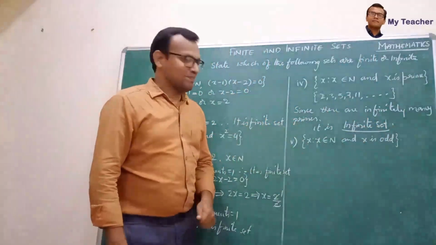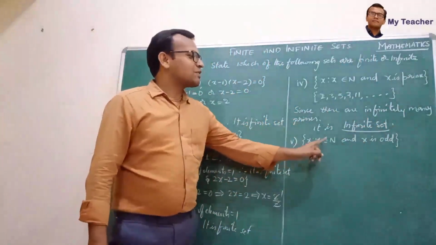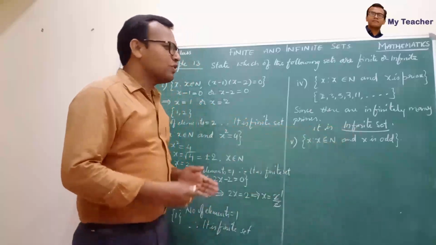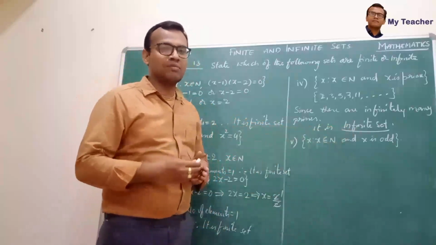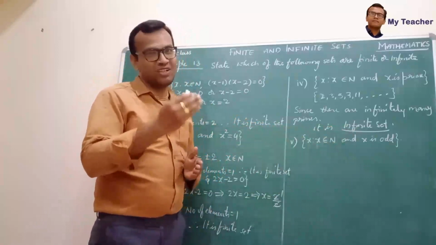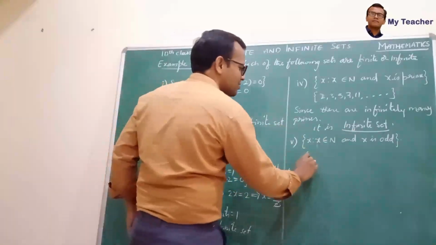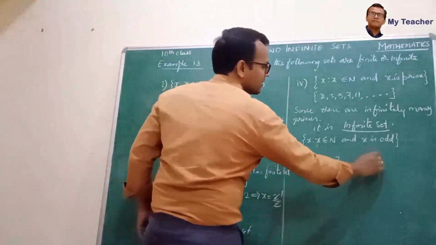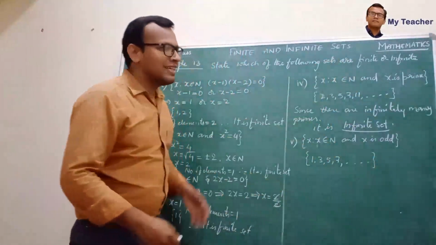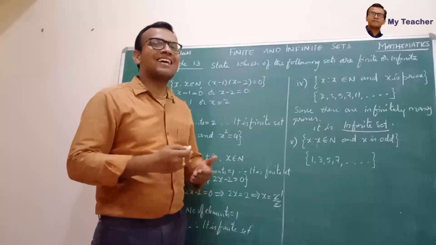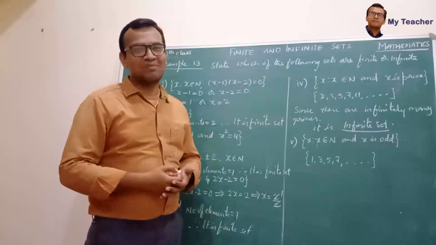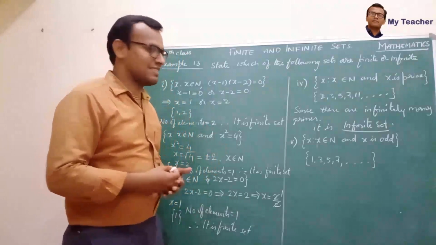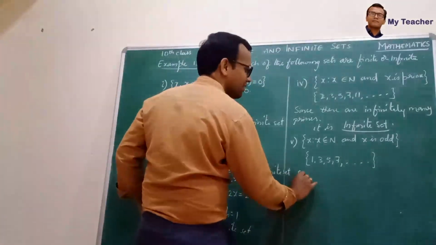So the last one. Set of x such that x belongs to N and x is odd. So x is a natural number and odd, means odd natural numbers. What are odd natural numbers? 1, 3, 5, 7, 9, 11, and so on. Here also the same. Since there are infinitely many odd numbers, it is an infinite set. So let me write the same thing.